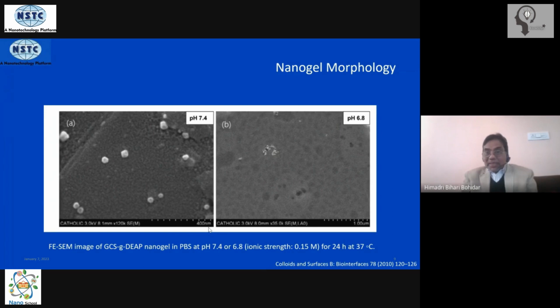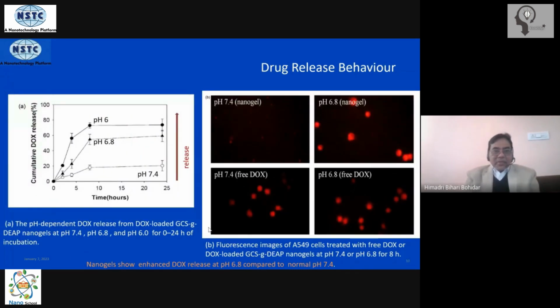So they're tending to now differentiate and disintegrate. And all this data is at 37 degrees Celsius, which is close to physiological temperature. Now, the release of the drug, doxorubicin, which is an anti-cancer drug, at different pH, you see here in the in vitro measurements.